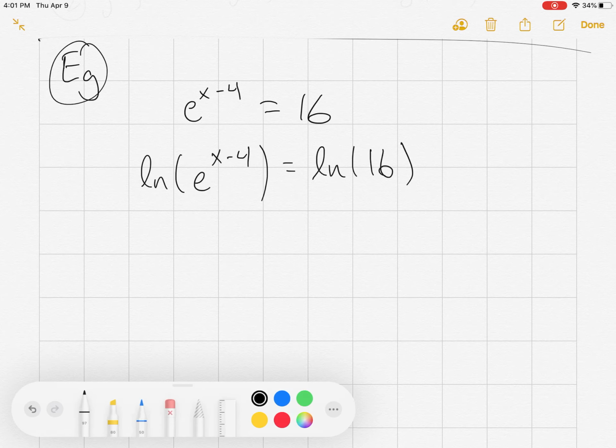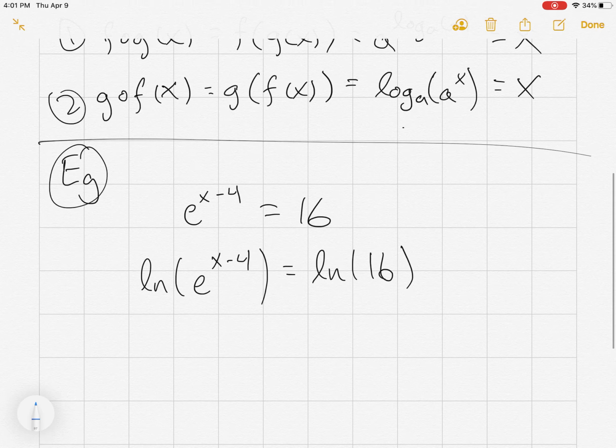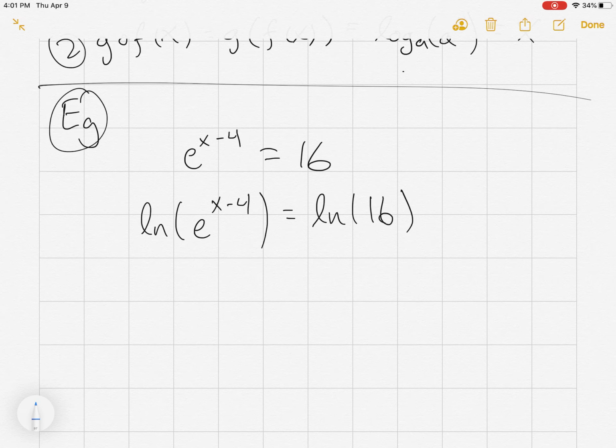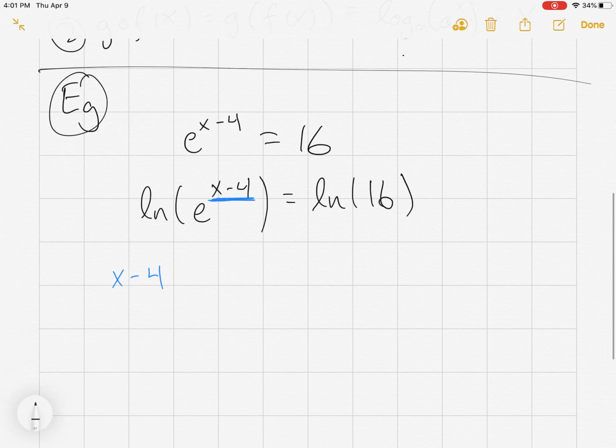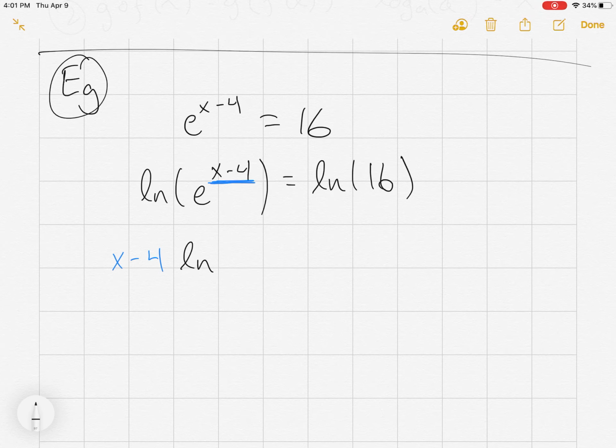And so I'm going to use a rule here that we have for logarithms, my apologies. If we have an exponent inside of our logarithm, we can just take that exponent and multiply it out front. So this here is going to be x minus 4, and then we're going to be left with just the natural log of e, and that's going to be equal to the natural log of 16.